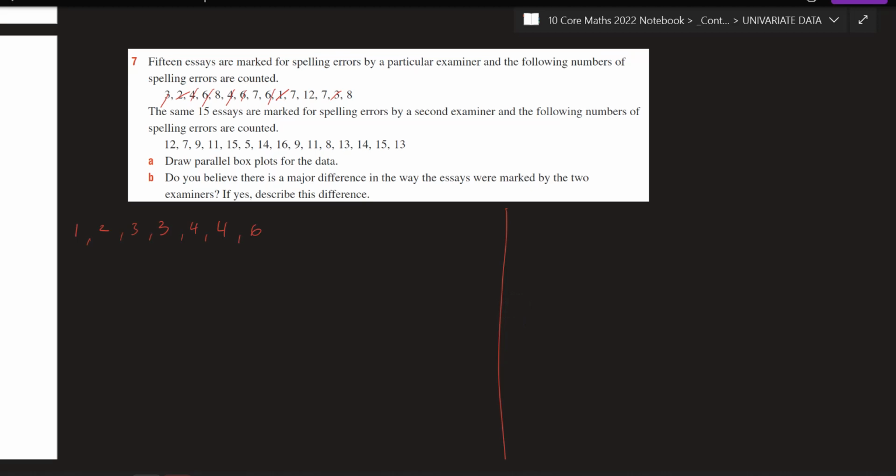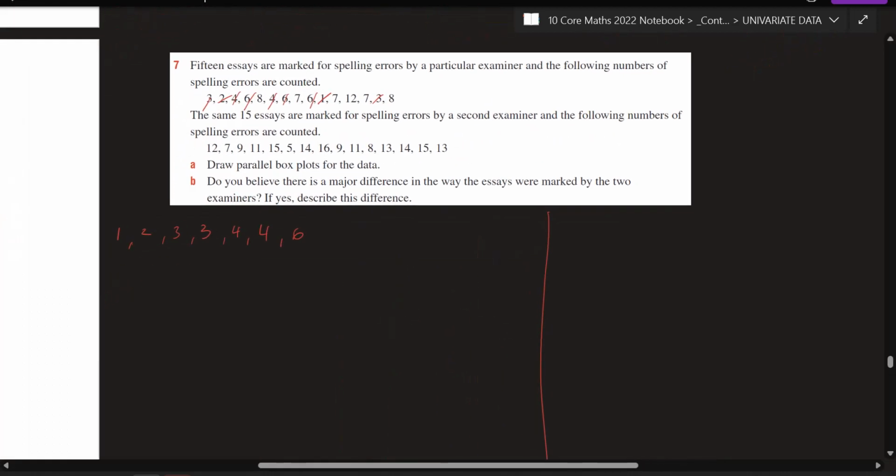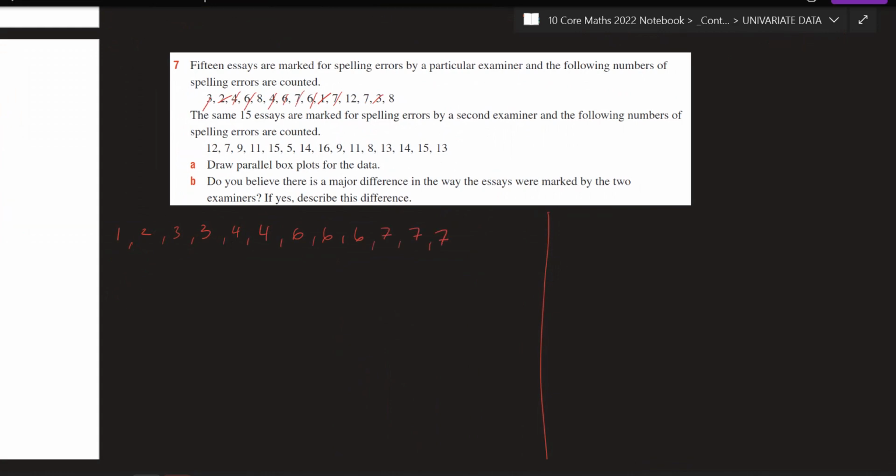Are you sure it's 3? I only see 1. Ah, sorry, yeah, my bad. 2, 3. And then 3 7s. Yep, you're right, sorry. 2, 3, and then 1 12 there. Okay, so make sure you include all the numbers.